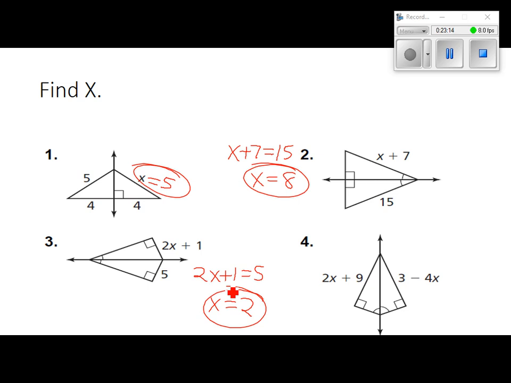How about 4? 2x plus 9 equals 3 minus 4x. Ignore that stray mark going up through there. X equals what? 3?